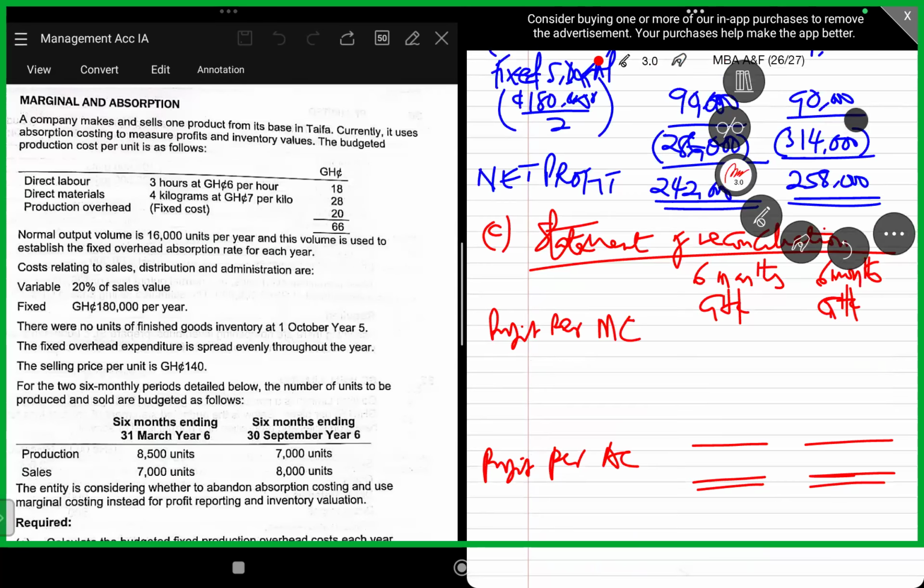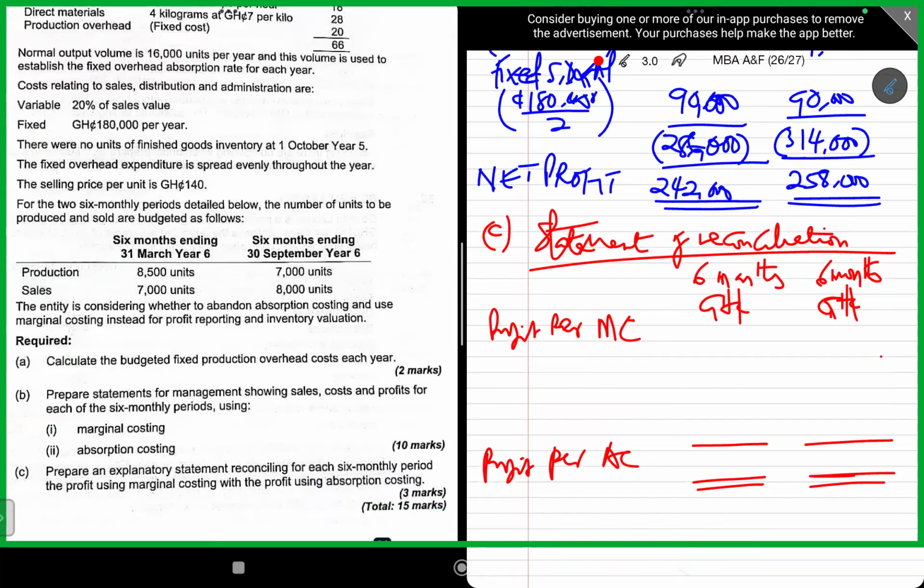So the statement of reconciliation, from the question part C, says prepare an explanatory statement reconciling for each 6-monthly period the profit using marginal costing with the profit using absorption costing.